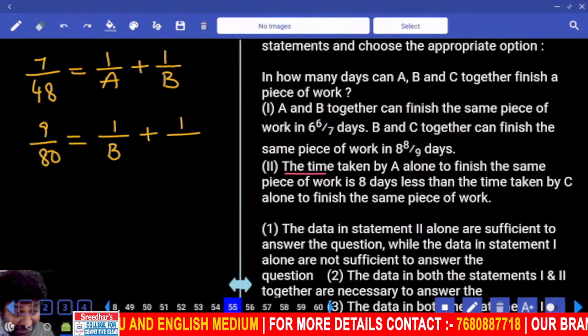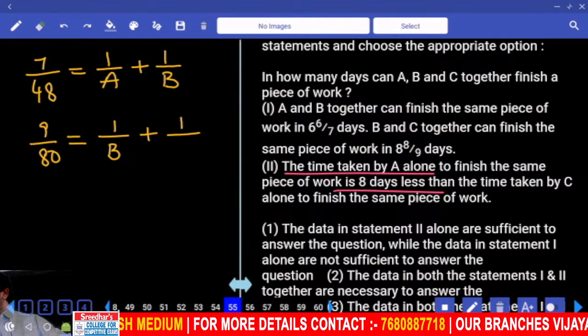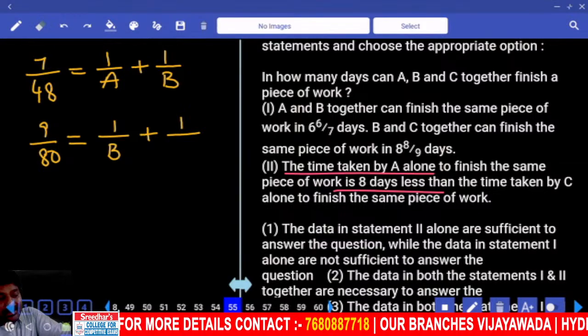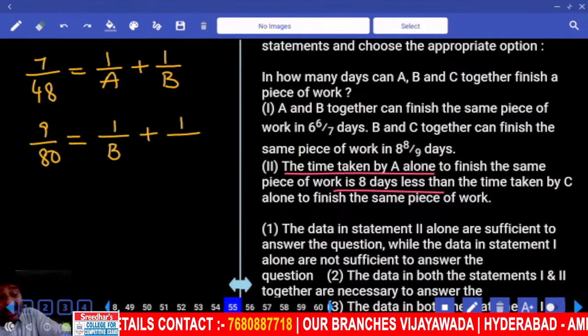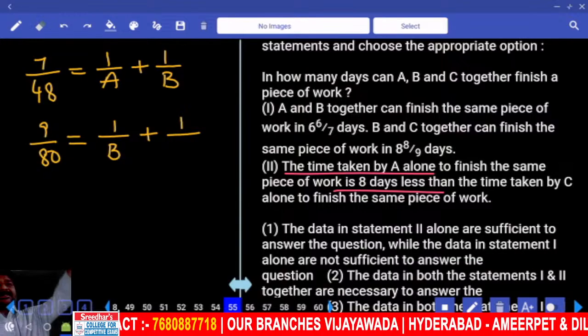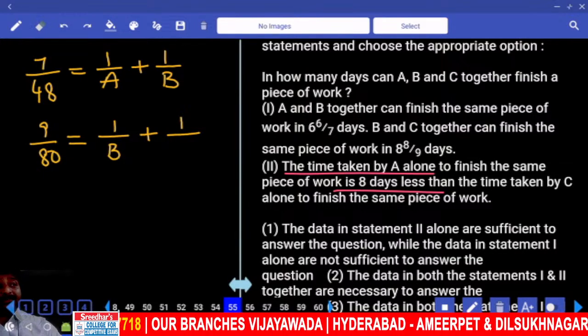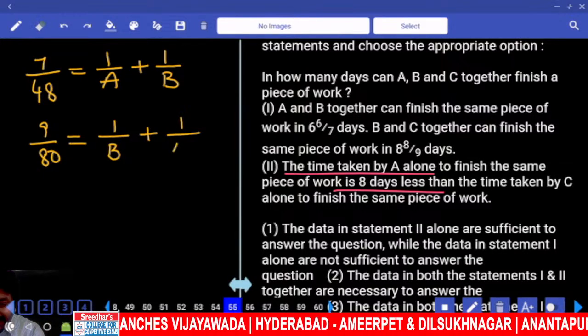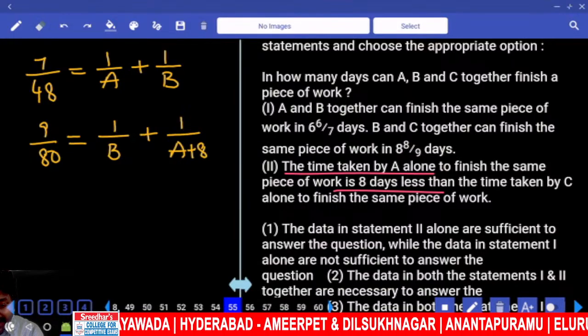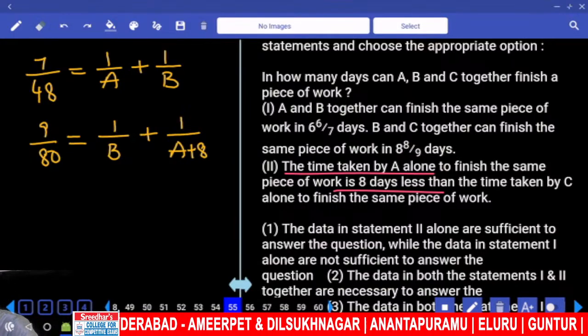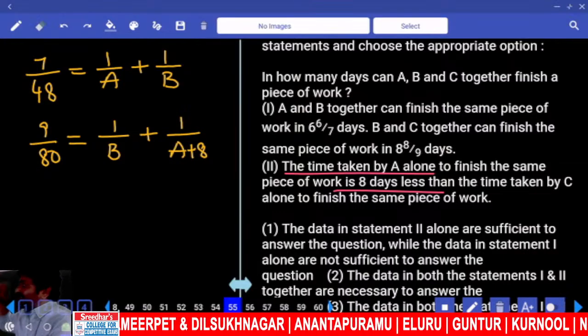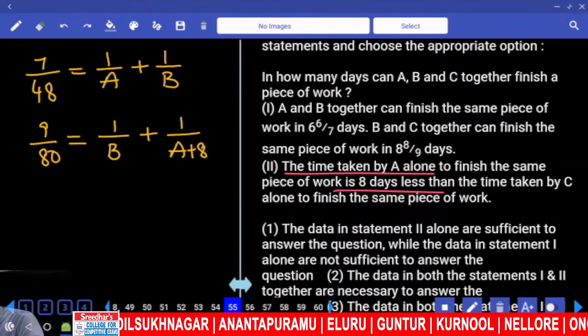Now if you take the second condition into the picture, A alone can finish the same piece of work in 8 days less than C, then C takes 8 days more than A. So in place of C I can write A plus 8. Am I right? How many equations are there? How many variables are there?